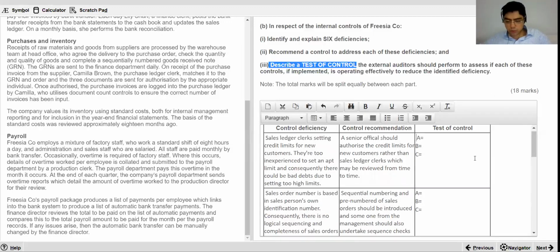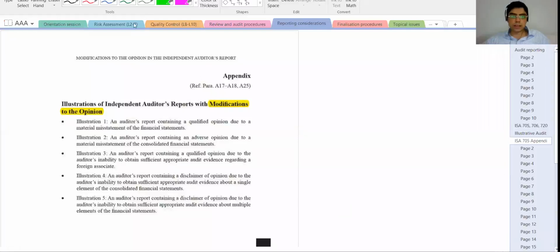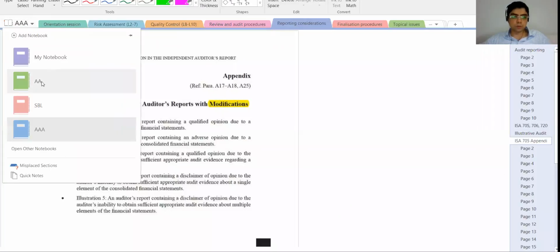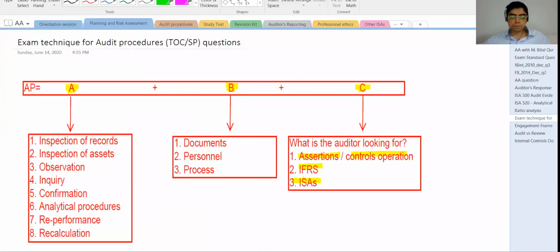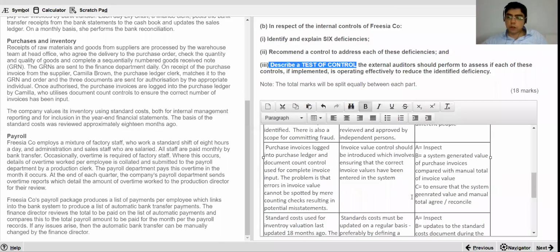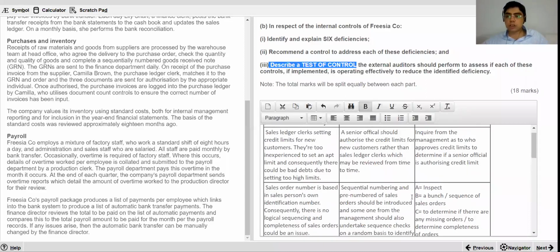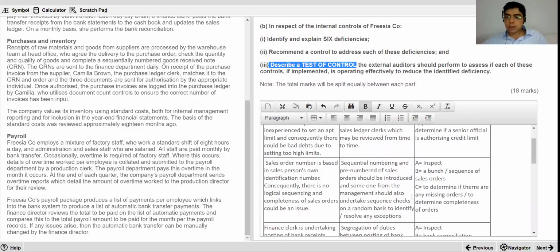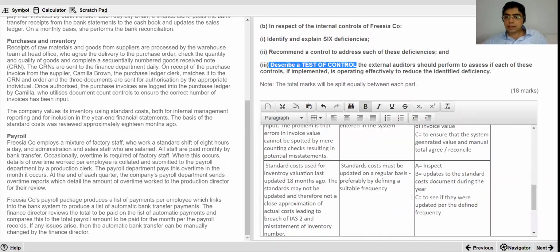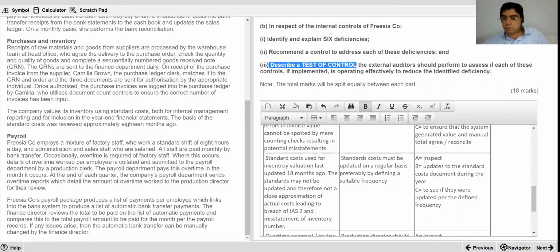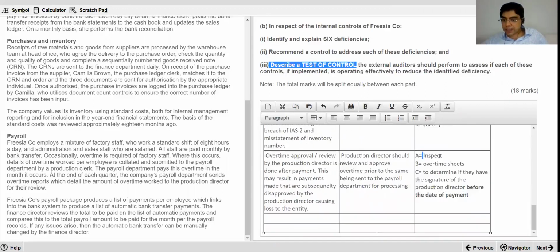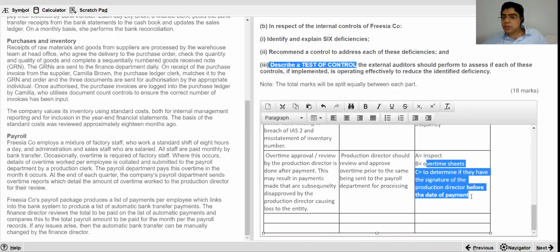I'm just going to explain that. I gave you an overview yesterday. Now I'm going to apply it. If you look at how you generate your tests of controls, you would be quite clear that we would be inspecting something. What are we inspecting? Overtime sheets. And what are they used to determine?